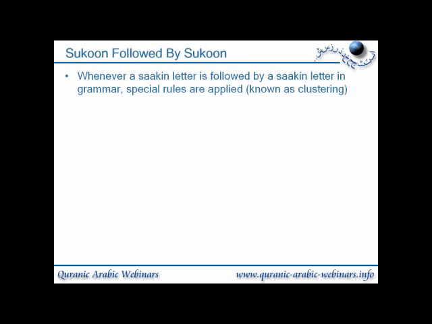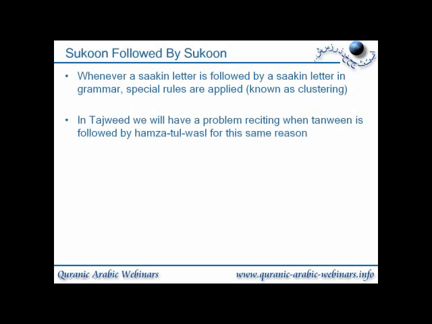Whenever a sakin letter is followed by a sakin letter in grammar, special rules are applied, sometimes known as clustering. In Tajweed, we will have a problem reciting when Tanween is followed by Hamzatul Wasl for this same reason. So let me just explain this with a small example.